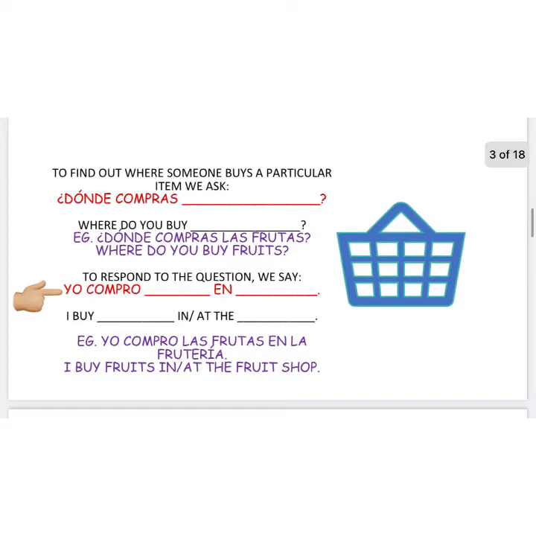So let us say I want to say I buy fruits at the fruit shop. So I would say yo compro, then I put the item, which is las frutas, en, and then I put the store, which is la frutería. So the full sentence would be, yo compro las frutas en la frutería. I buy fruits at the fruit shop.